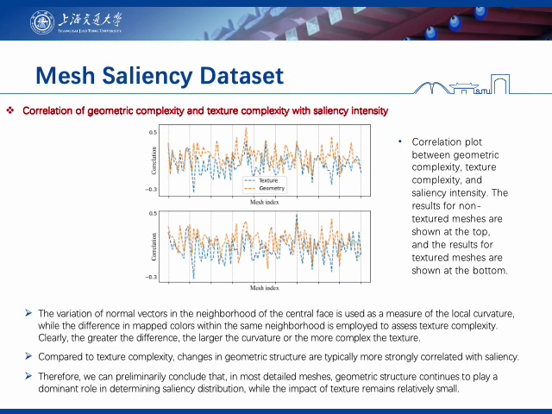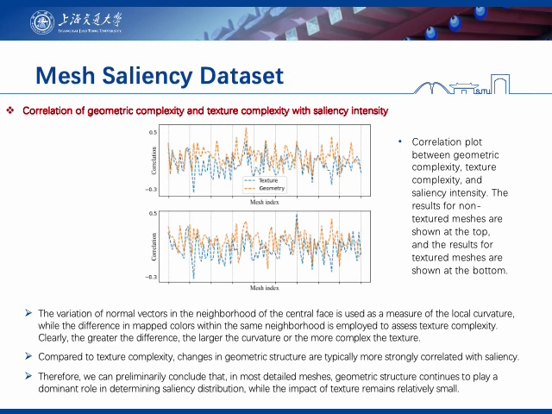Then, through the analysis of the relationship between geometry, texture, and saliency, we found that compared to texture complexity, changes in geometric structure typically show a higher correlation with saliency.